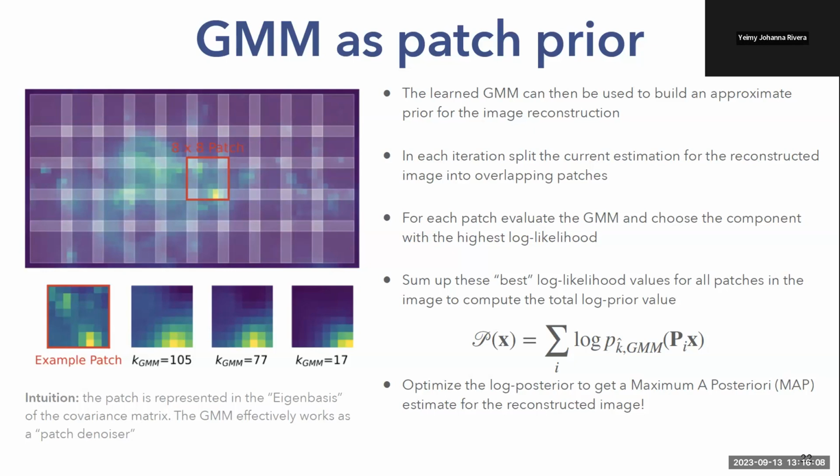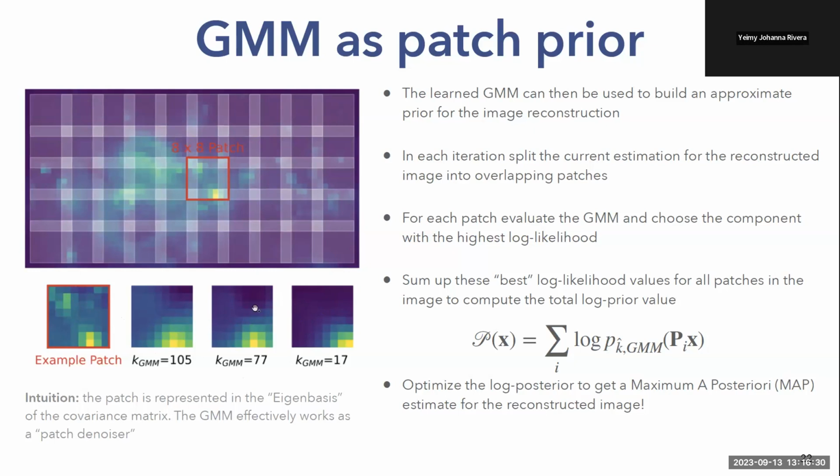Then I can select which one of the Gaussian components is the most likely one for this image. I've done this for one example patch here, the one shown in red. This finds the 3 most likely Gaussian mixture components: numbers 105, 77, and 17.